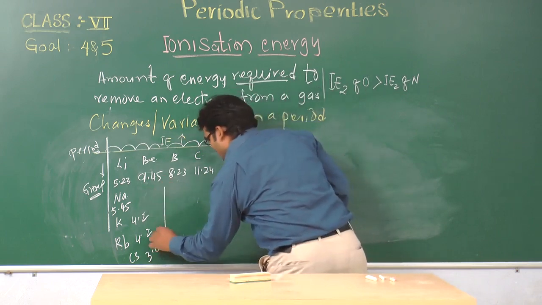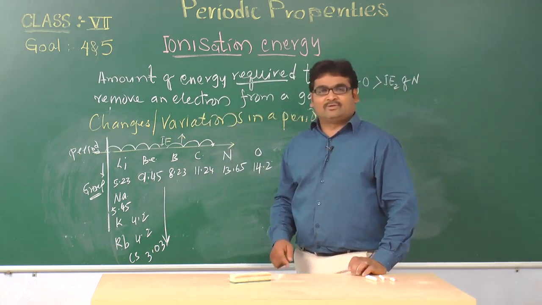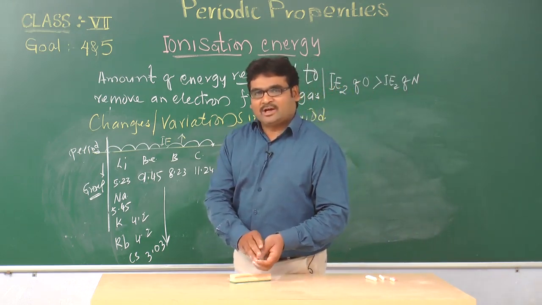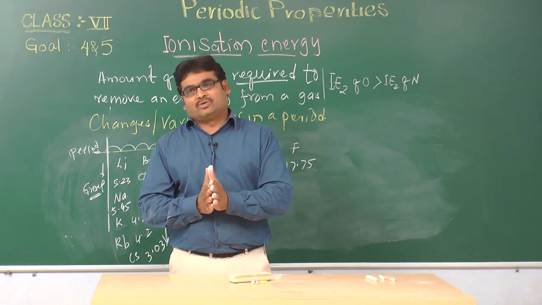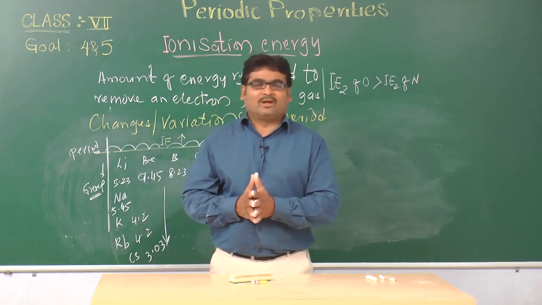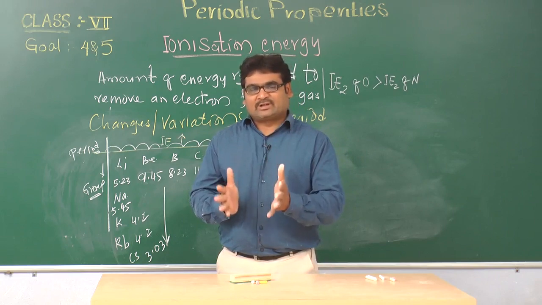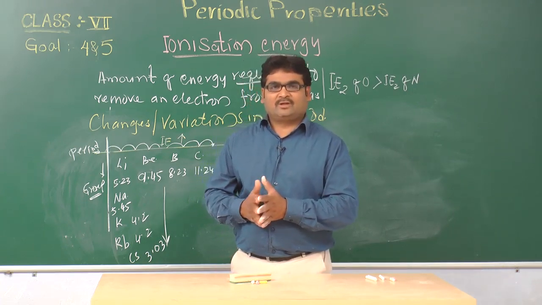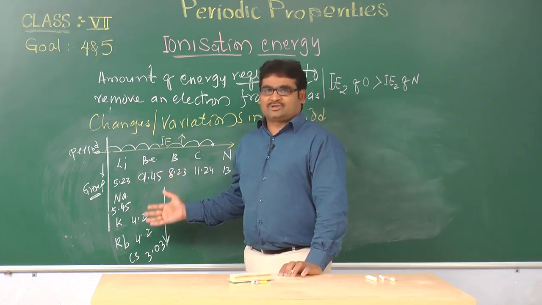You notice that the values are decreasing. This clearly indicates that as you move down the group, the amount of energy required to remove an electron is less, due to the screening effect and the extra energy shell.